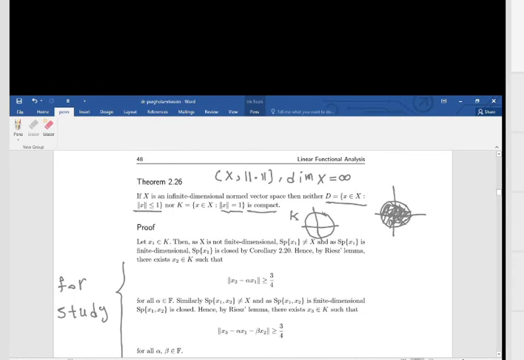And D equals the set of all x such that the norm of x is less than or equal to 1. This is the closed unit disk. And K is the set of all x in X such that the norm of x equals 1.